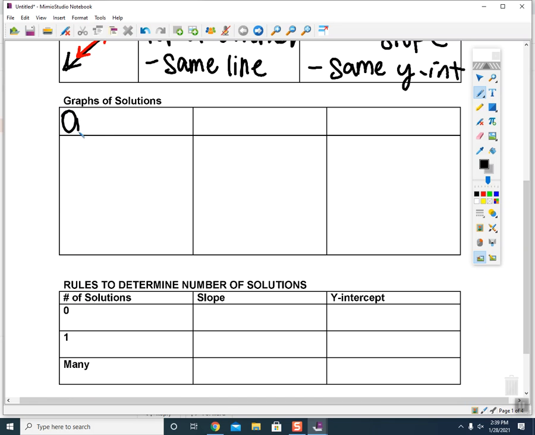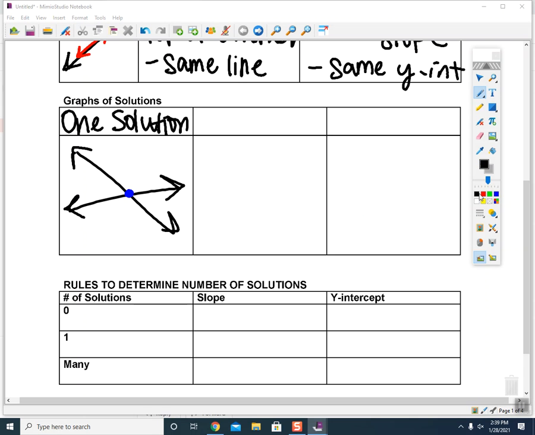So the first one that we're used to is I can have one solution. So if I have one solution to my system of equations, that means that I have two lines, they intersect somehow, and my one solution is where those two lines cross, right? It happens right there. So that's when I have one solution.